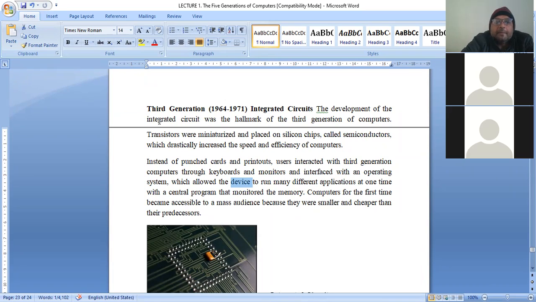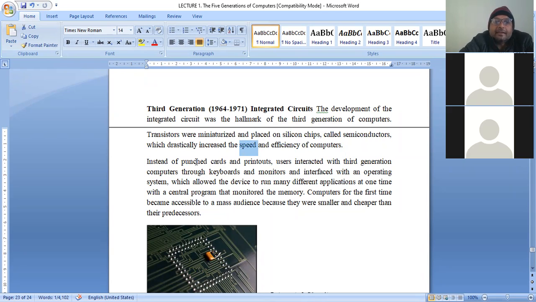So that became the integrated circuit. Transistors were placed on a silicon chip, and that chip is called the silicon chip. Most of the transistors are kept on that chip, and it is also known as a semiconductor. So that increased the speed and efficiency of the computer.